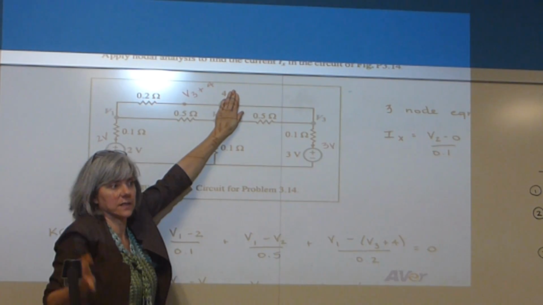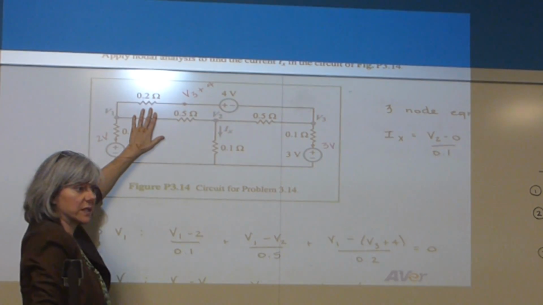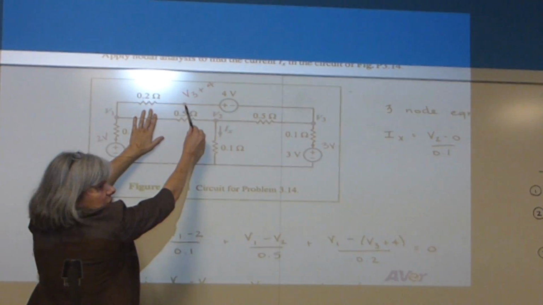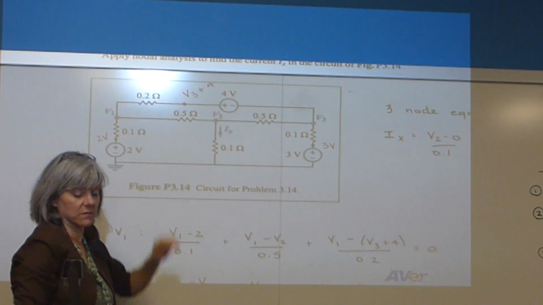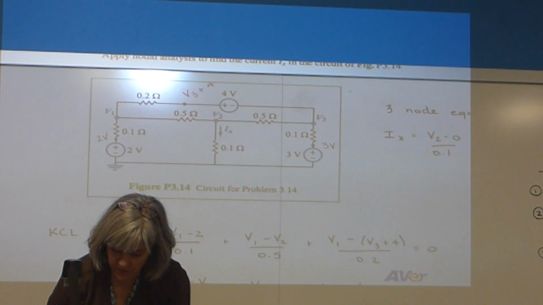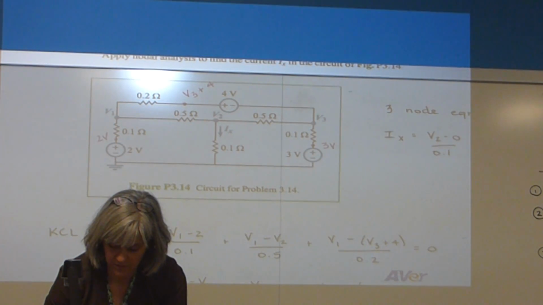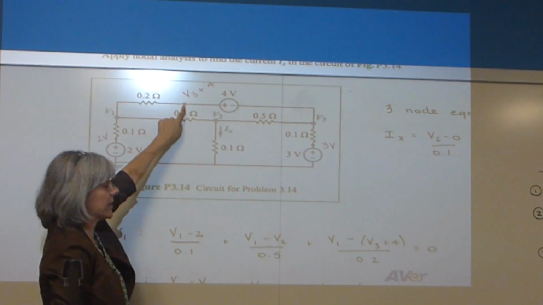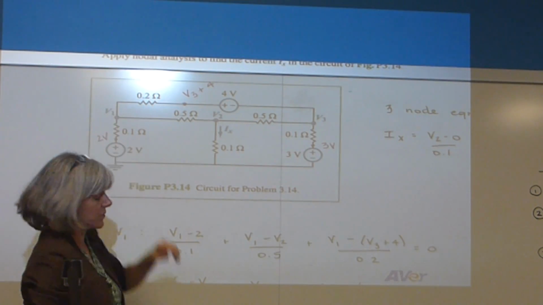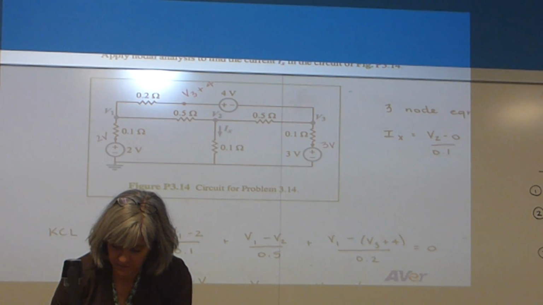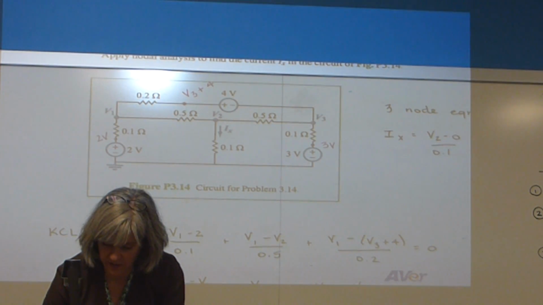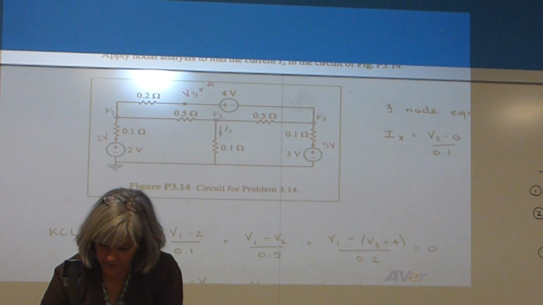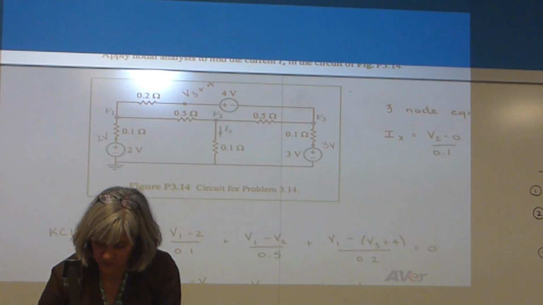So I need to concentrate on the resistor: the first node minus the second one divided by the resistance. So V sub 3 plus 4, that's the first that I encountered, minus V1 over 0.2. And then the rest is easy: V sub 3 minus 3, plus 1, plus V sub 3 minus V sub 2.